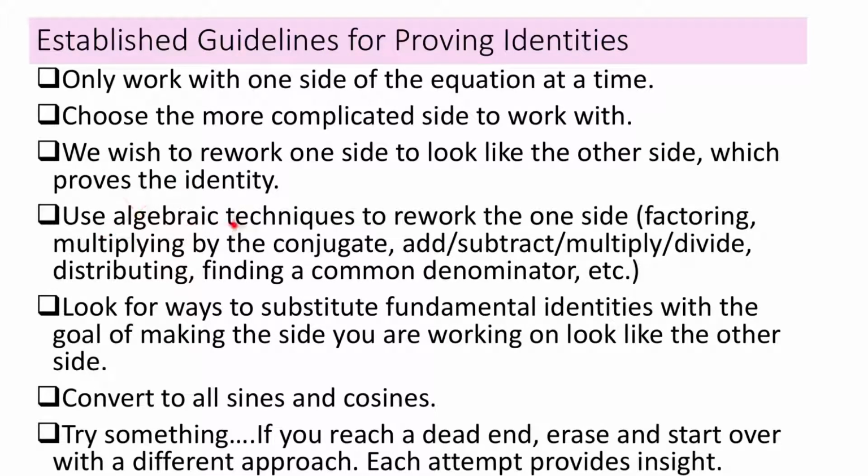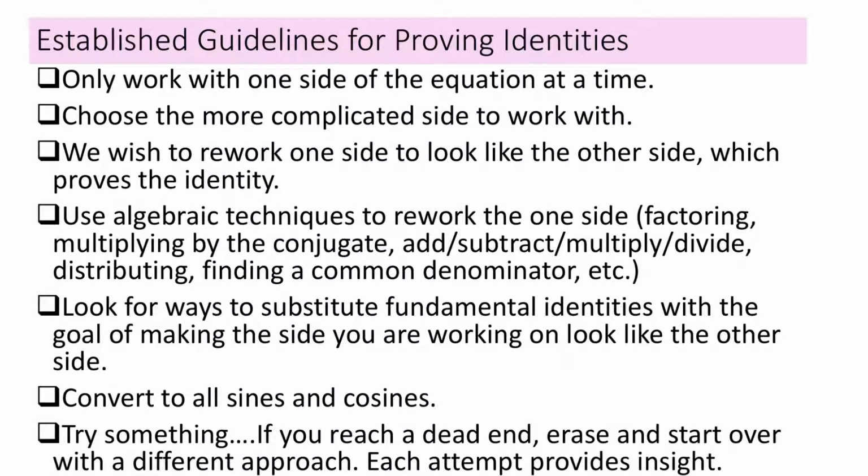So we use algebraic techniques to rework that one side. So those could be factoring, multiplying by the conjugate, any one of these operations here, distributing, finding a common denominator, and other valid algebraic techniques. But we won't be doing something like subtracting the same thing from both sides.